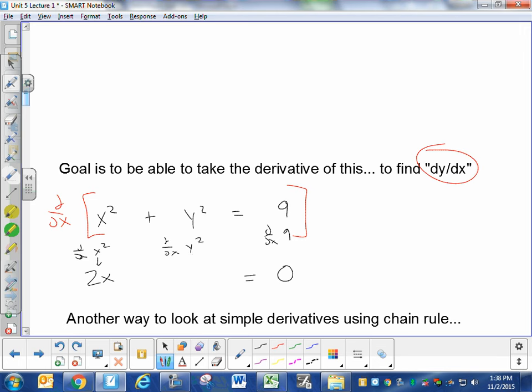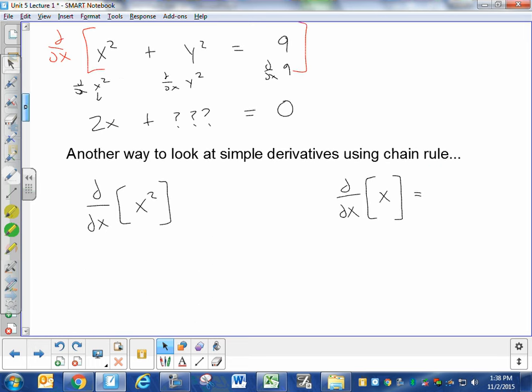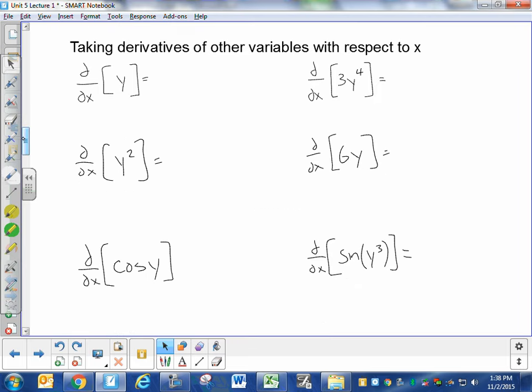Right, 2y would be too easy, not 2y. Turns out it's really, really close to being 2y. I'll show you exactly what it is and why it's really, really close, and you're going to be like, okay, this isn't that bad. Let's look at taking derivatives of other variables, y's in this situation, with respect to x. Okay? Let's start with the derivative with respect to x of y.